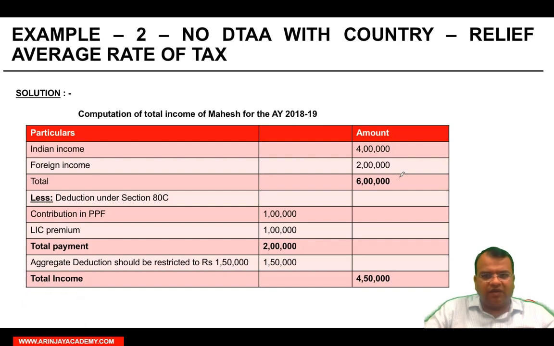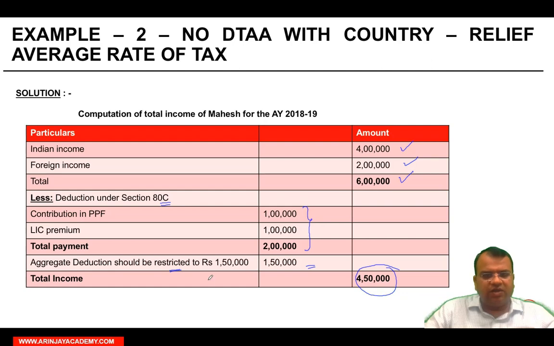his income, like I said, was 6 lakh, 4 lakh for India, 2 lakh for foreign. The total contribution he made was 2 lakh, but under 80C, the deduction is to be restricted to 1,50,000. So after making this 1,50,000 deduction, the total income he has is 4,50,000.